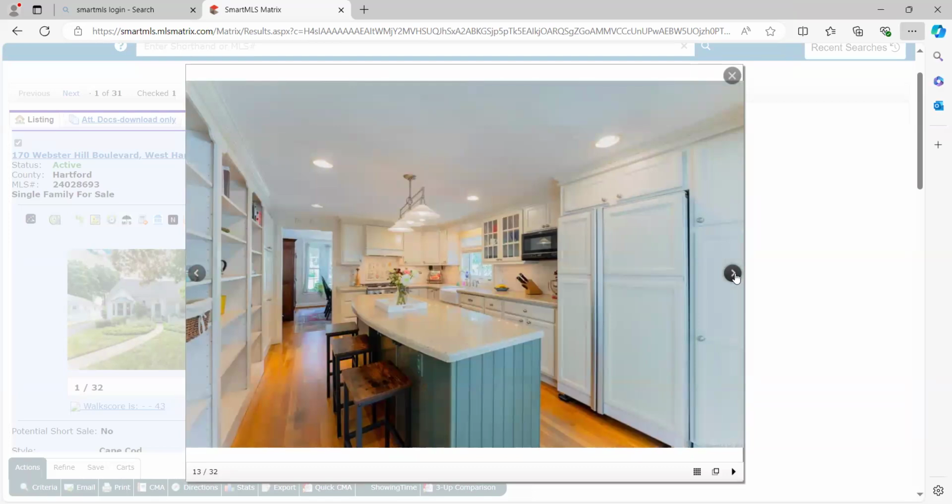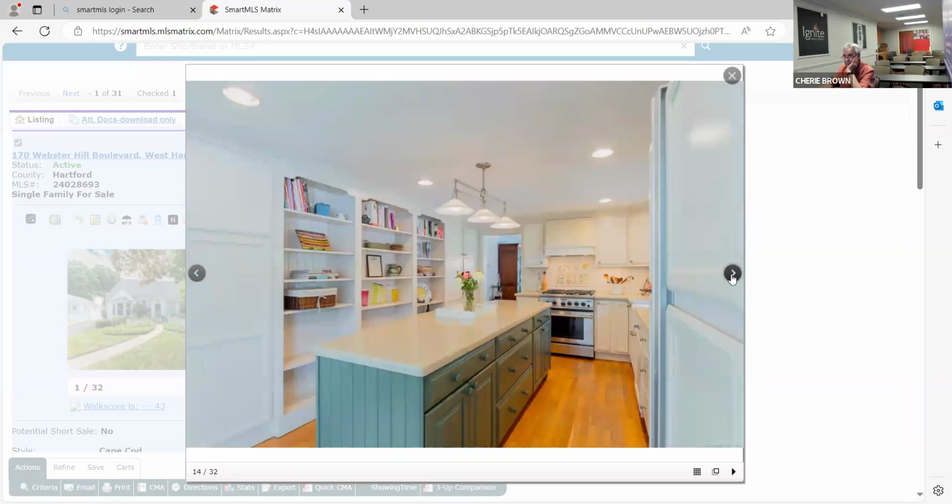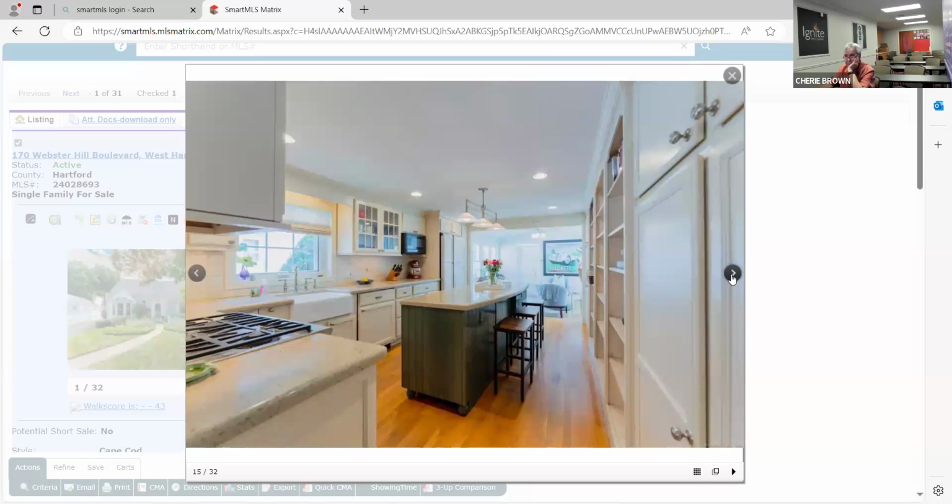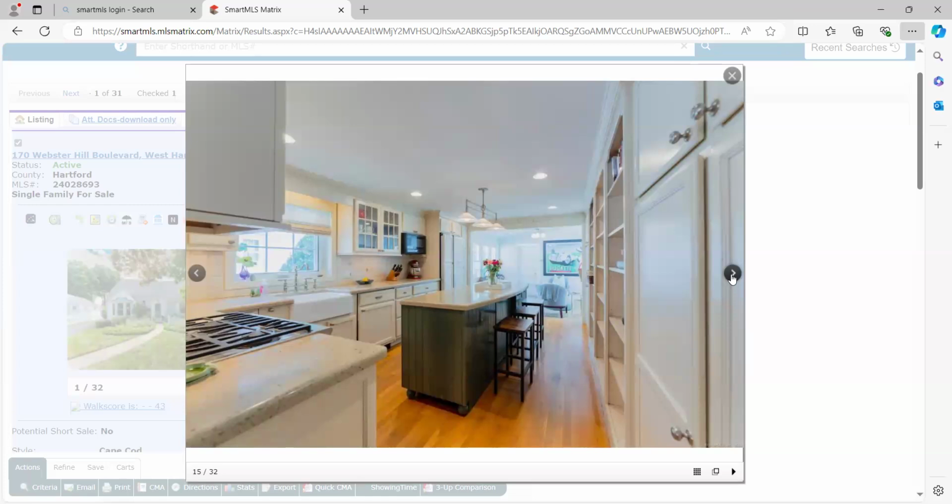Kitchen is also nice. Definitely some upgrades in the kitchen for sure. And lots of shelves that they can utilize for their kitchen also. Spacious.